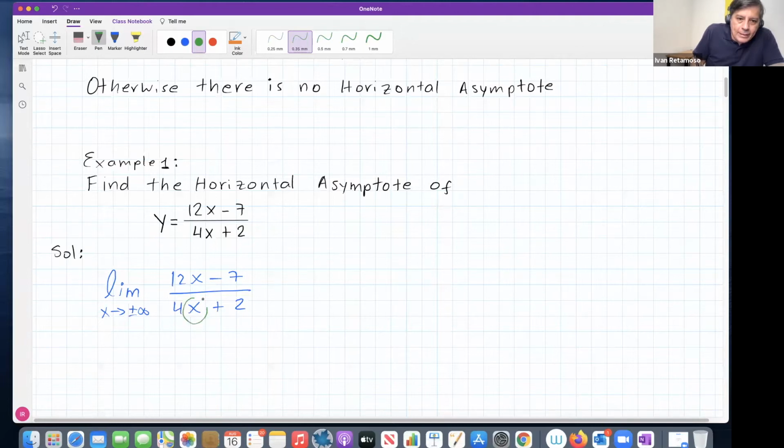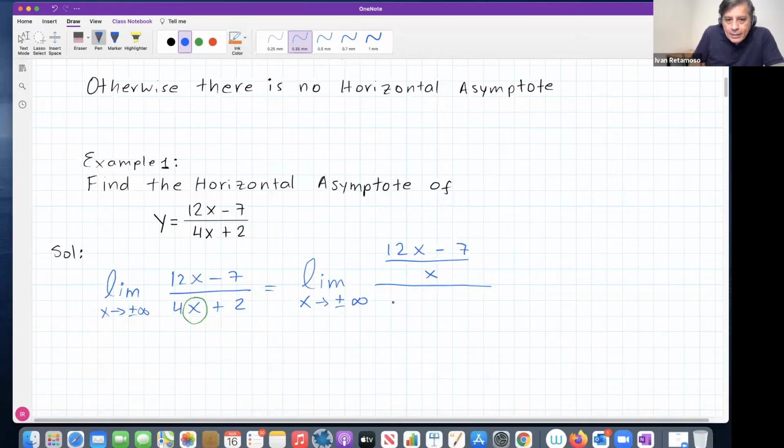We have a technique to do that. We have to identify the highest power in the denominator, in this case x. Next we take the limit as x approaches plus or minus infinity of 12x minus 7 over x, divided by 4x plus 2 over x.